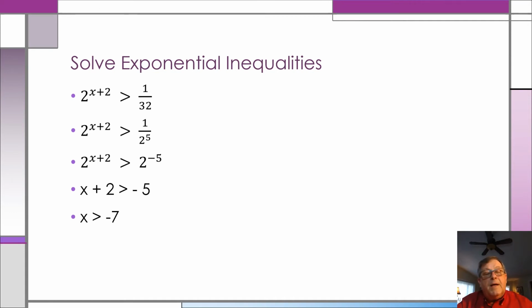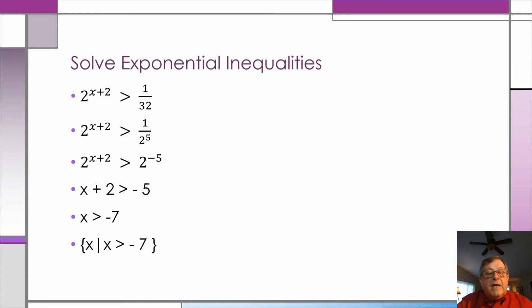And if I just pop negative 7 back up into that original function, 2 raised to the power of x plus 2, and substitute negative 7 in for x, I get 2 raised to the power of negative 7 plus 2, that's negative 5. And 2 raised to the negative 5th power is in fact 1 over 32. And then closing this off with set builder notation, we're saying x such that x is greater than or equal to negative 7.